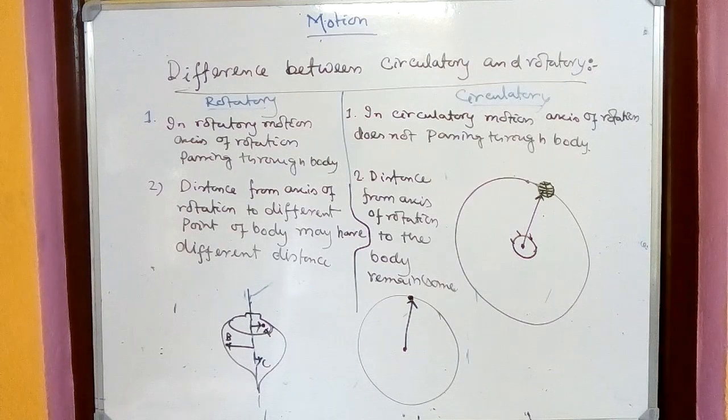First, in rotatory motion the axis passes through the body, and in circulatory motion it doesn't. Second, the distance from the axis of rotation to different points of the body for rotatory motion may be different, it may also be the same. And for circulatory motion, the distance from the axis of rotation to the body remains the same.